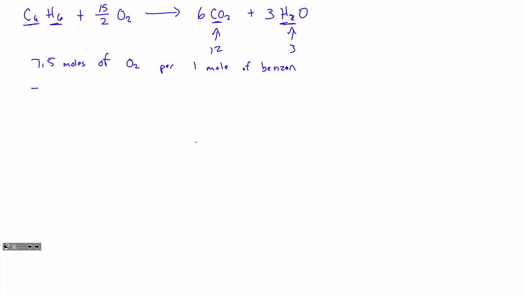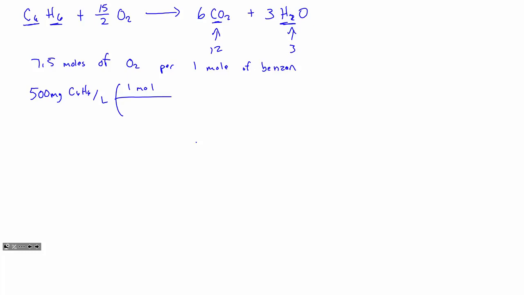Okay, so if we have 500 milligrams of C6H6 per liter, we can convert that over to a number of moles of benzene.